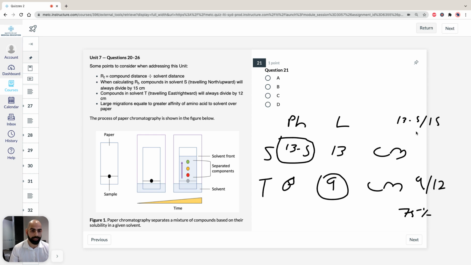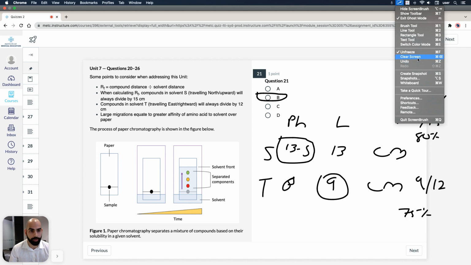And you know that 12 divided by 15 is 80%. So if it's 13.5, it's going to be around 90%. So straight away, you know the answer is going to be phenylalanine in solvent S. So the answer for question 21 is going to be C.